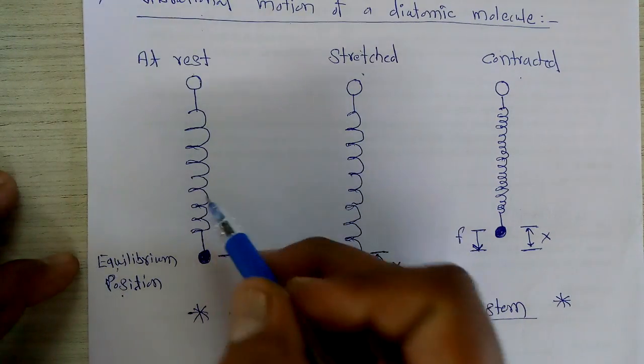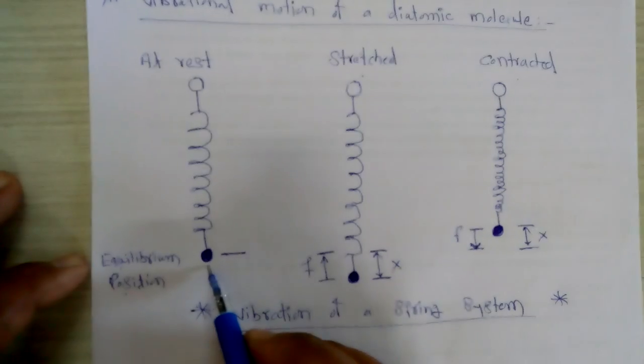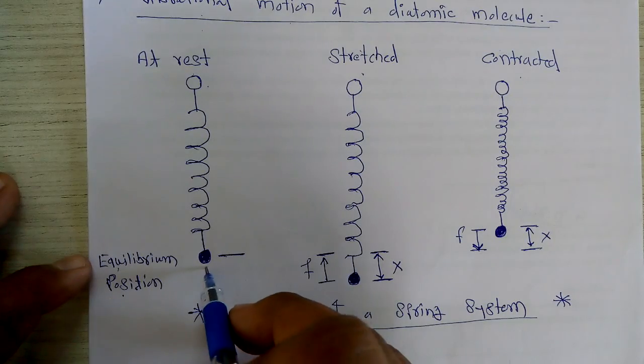This spring has one fixed end, while the second end undergoes oscillation.